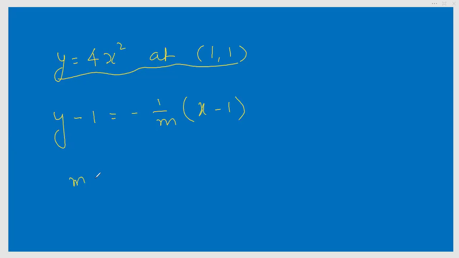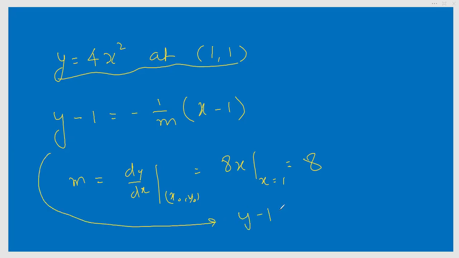How to find m? m equals dy by dx, substituting the values of x naught and y naught. If you differentiate it, you will get 8x. Plug in x is equal to 1, you will get 8. So our answer is y minus 1 equals minus 1 over 8 times x minus 1. This is the equation of normal.